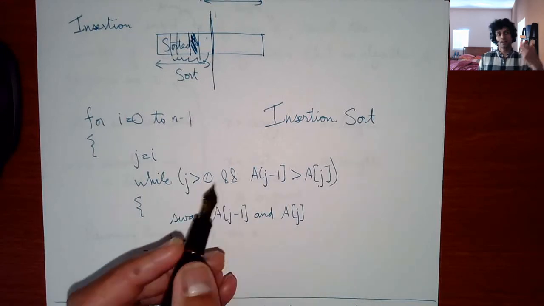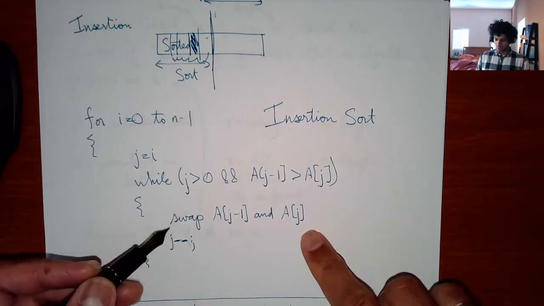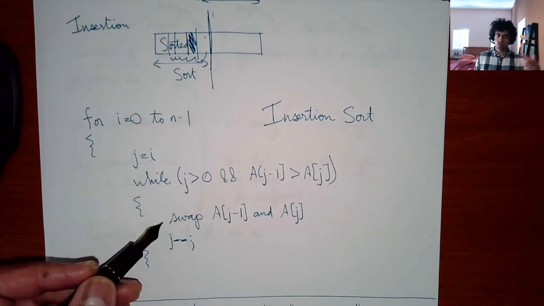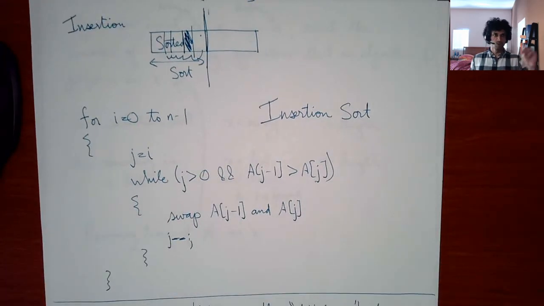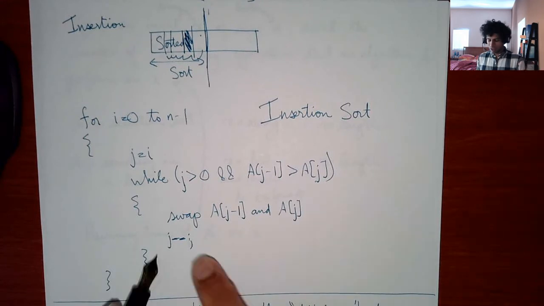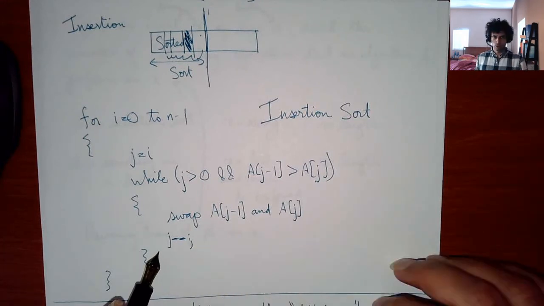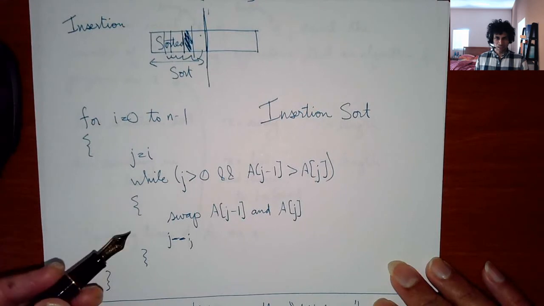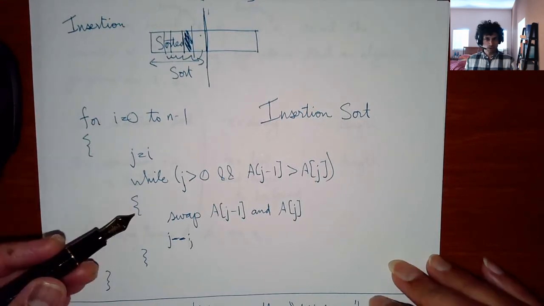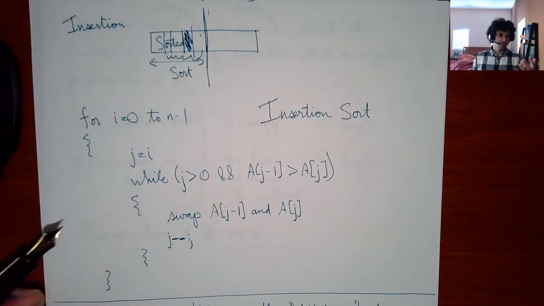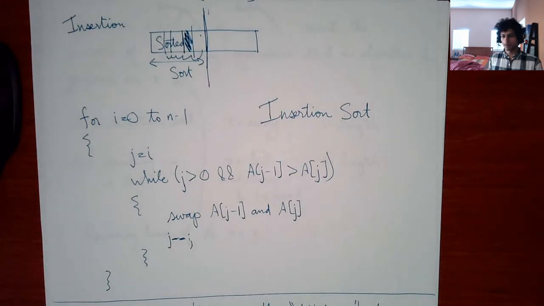The AND is another operation. Swapping is like 3 or 4 operations, right? Because you usually keep a temporary variable, you move things around. The decrement is one operation. So roughly speaking, each line of code is like one, or you can think of it as some fixed number of operations.